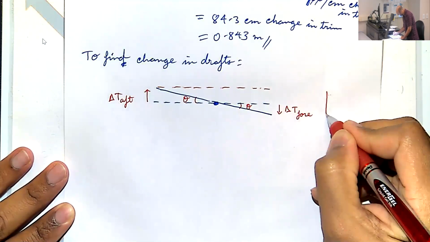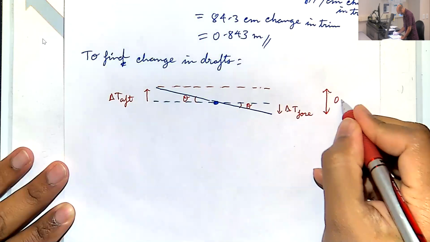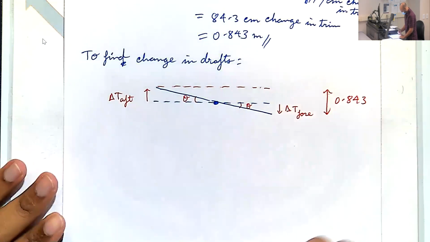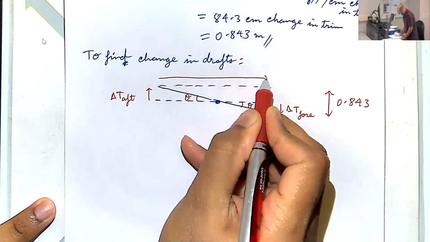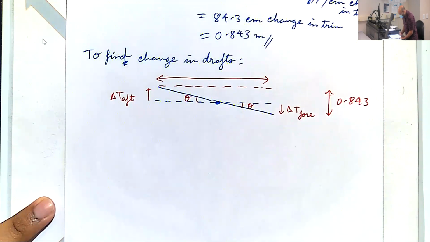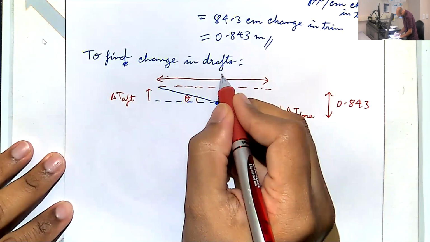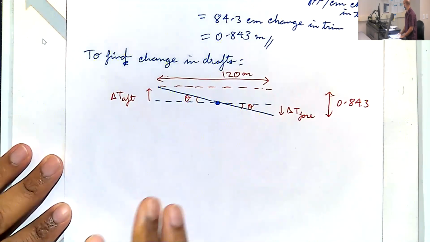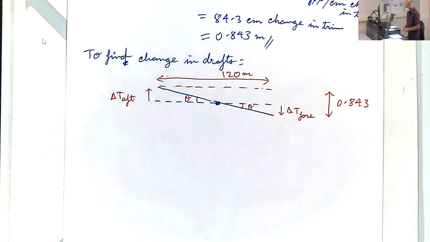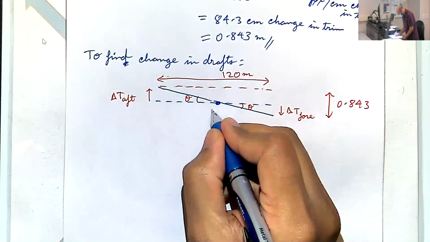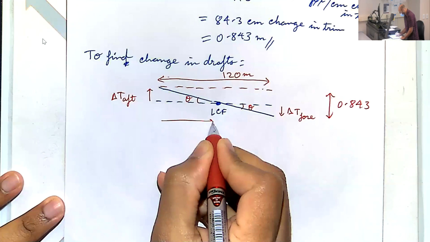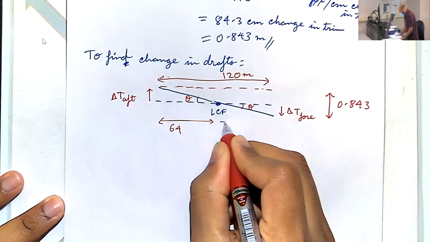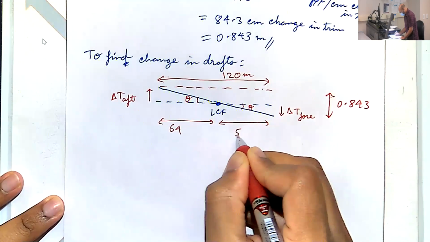This total distance is what? 0.843. And this length is what? Is given? Where is it? 120. Okay, perfect. And LCF location we know. So this is LCF. This is 64 from here and 56 from here.